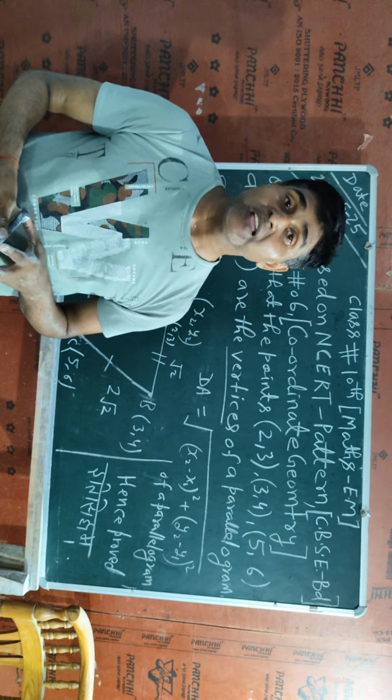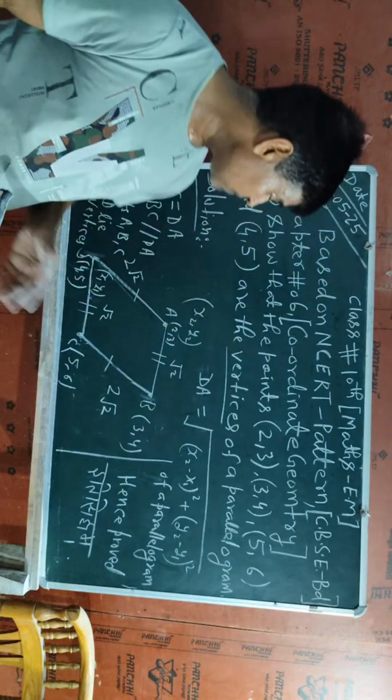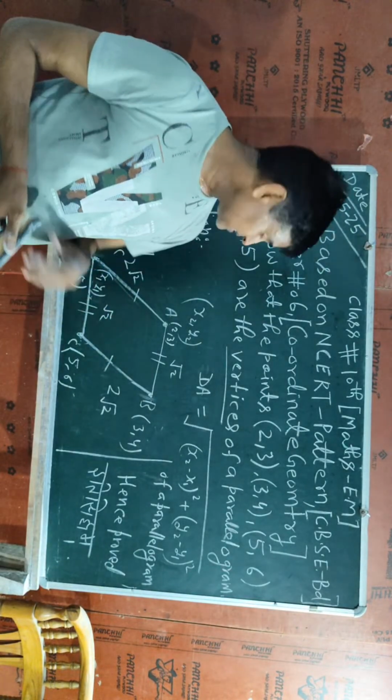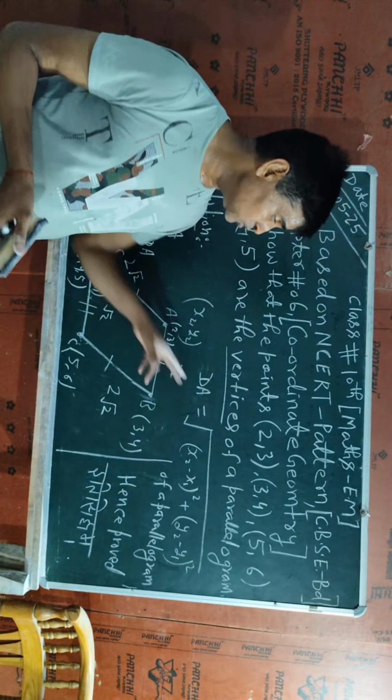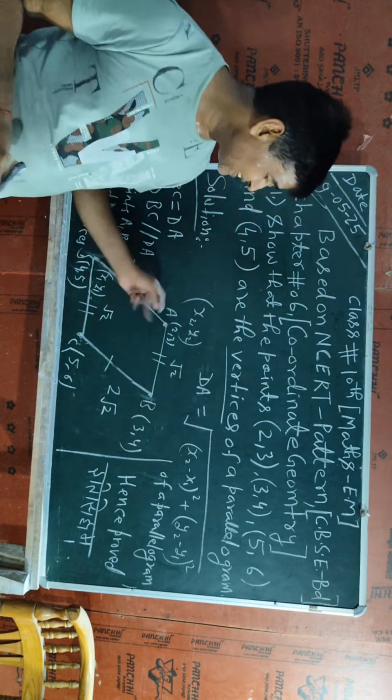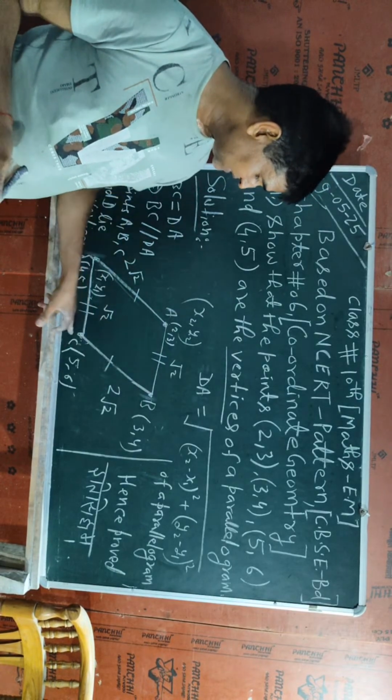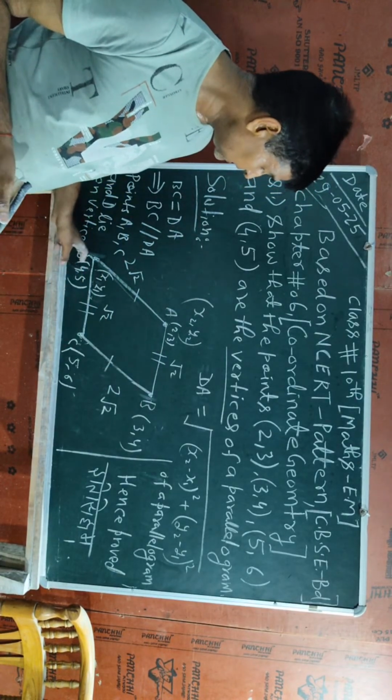First of all, I assumed that these 4 points are the vertices of a parallelogram. So I used the distance formula for calculating the lengths between A and B, B and C, C and D, and then D and A.